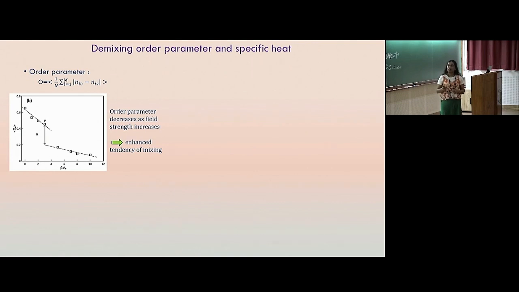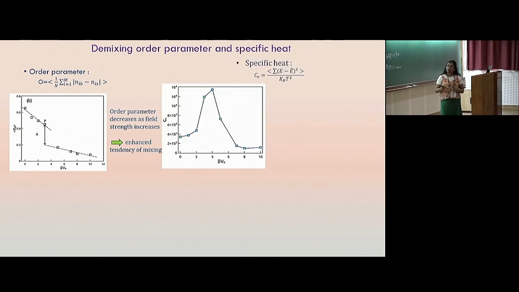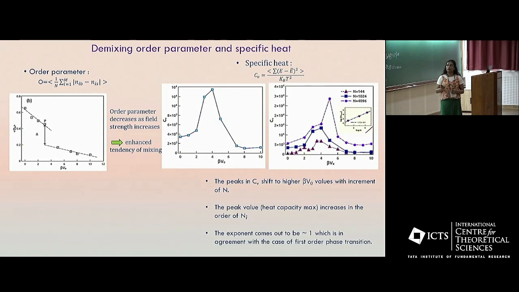We observe that the order parameter gradually decreases, but with a jump at a certain point. So we calculate the specific heat of the system, and we observe that a peak arises in the specific heat at that very discontinuity. To look into the nature of this phase transition, we simulate different system sizes, one smaller than the results I have shown here, and another much larger.